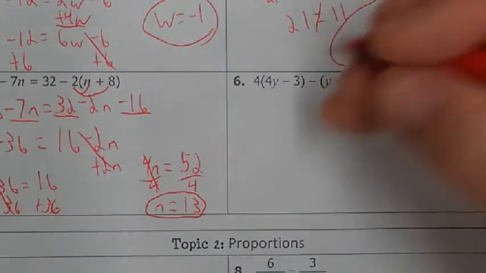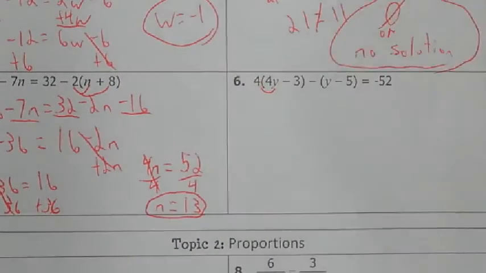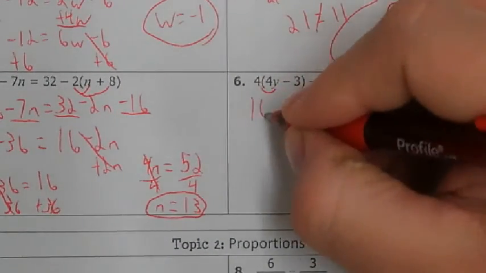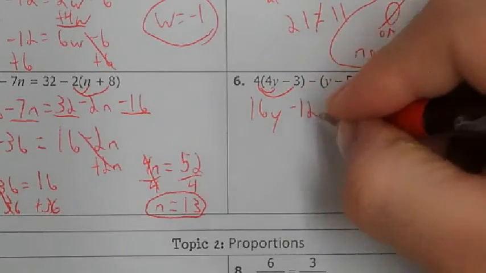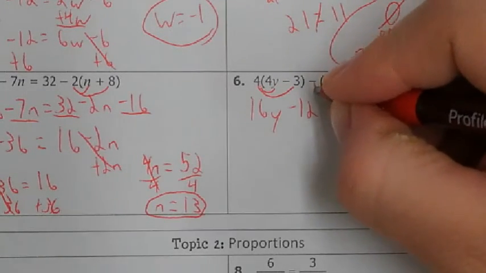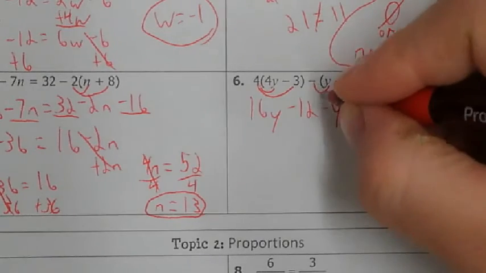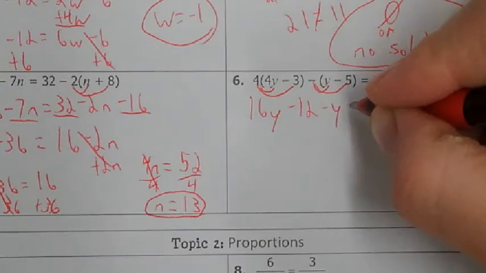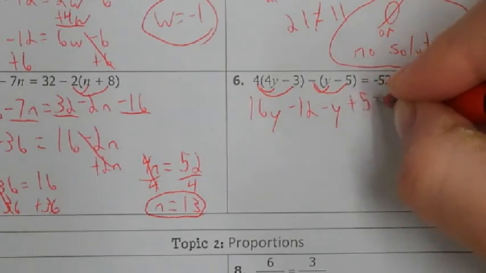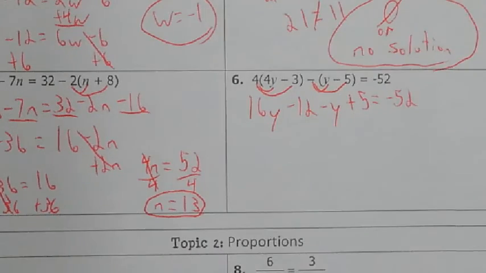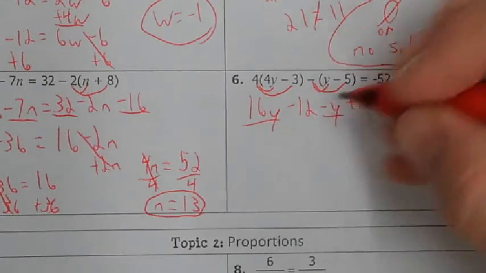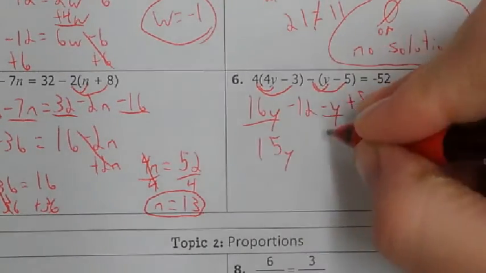Okay, and then number 6. 4 times 4y. Once again, we're distributing. That would be 16y. 4 times negative 3 is negative 12. Negative times y is negative y. Negative times negative 5 is a positive 5. Combine your like terms. 16y minus y is 15y.